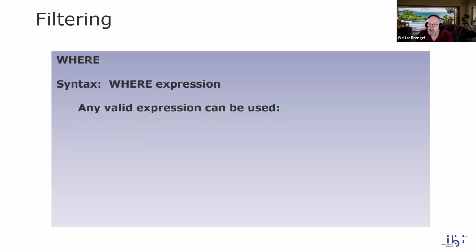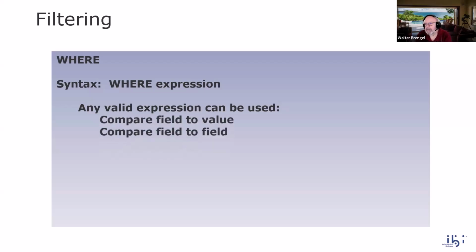Here you can have a where expression, any valid expression. It can be a simple where a field equals value, where a field equals another field, where expression 1 or expression 2. You can do where expression 3 or expression 4.